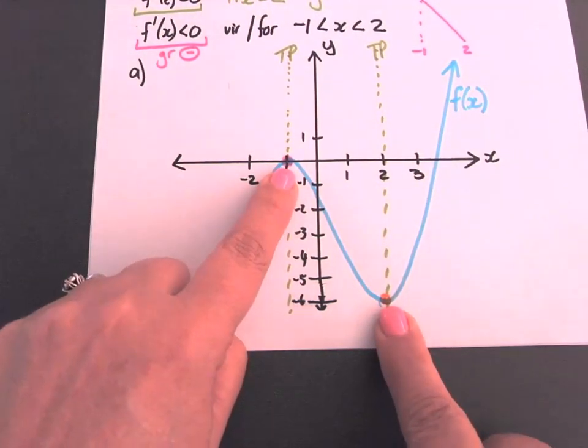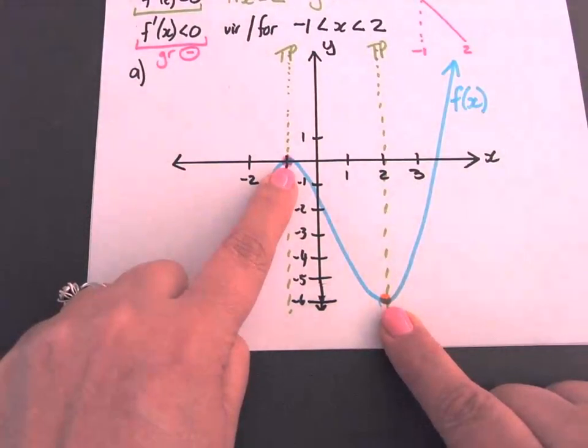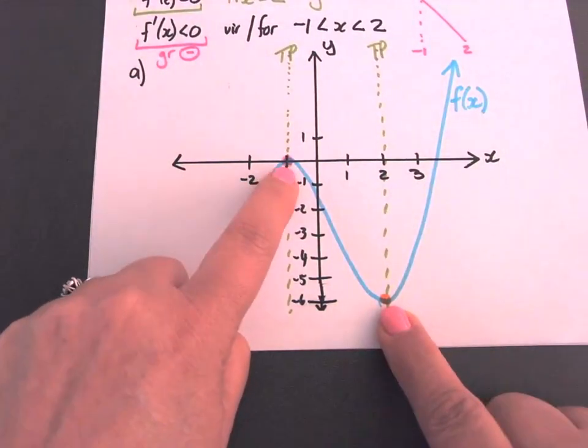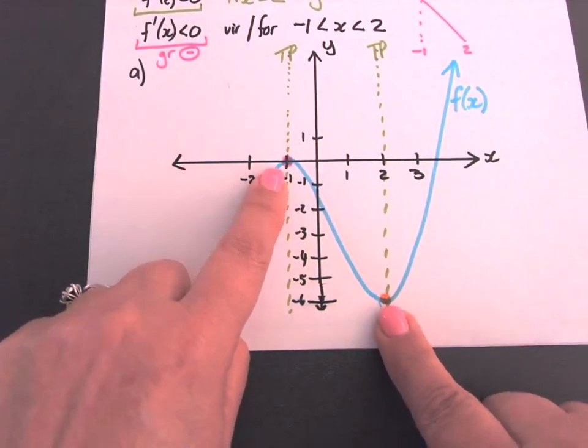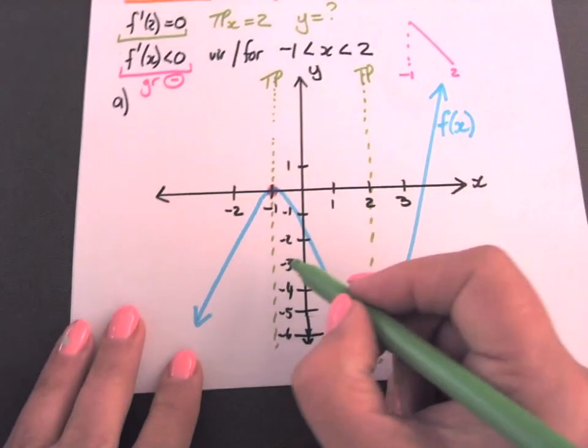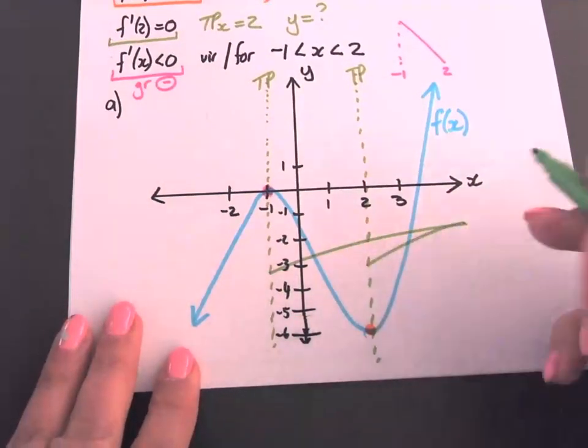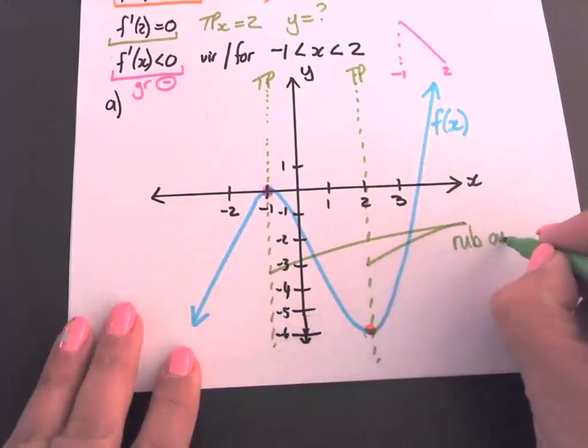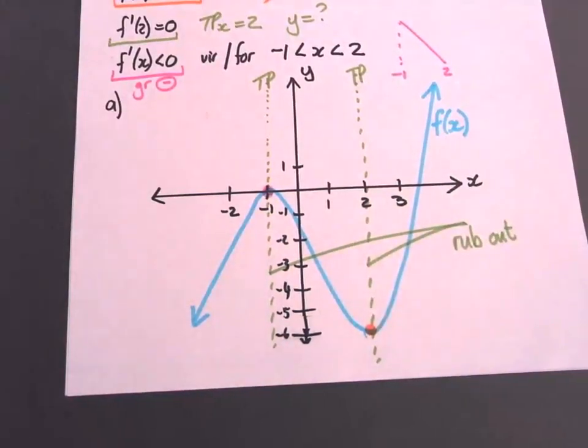No, but they gave it to us as a turning point. Yes, it was at -1. Alright. Now, the last thing that you need to remember is you have to rub this out. Don't forget that. Alright.